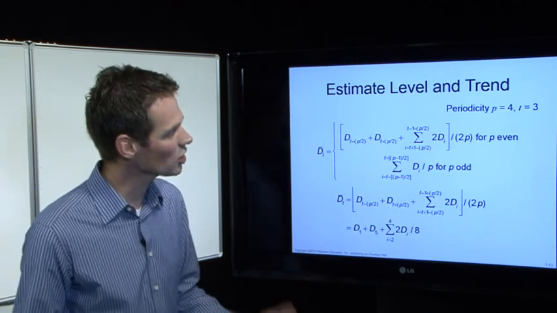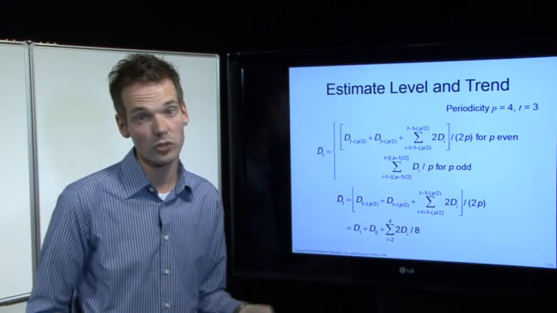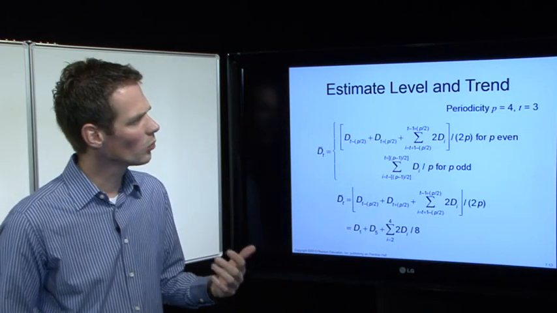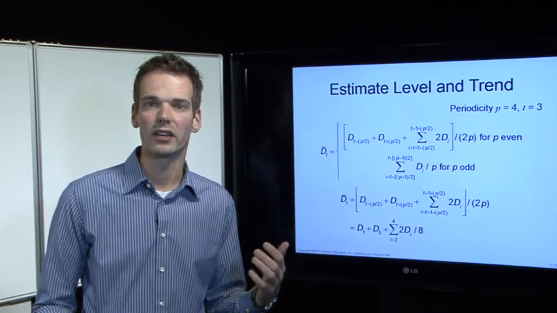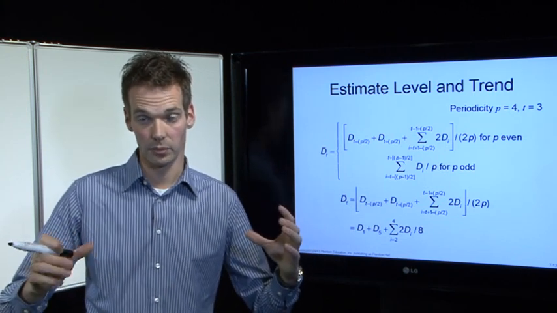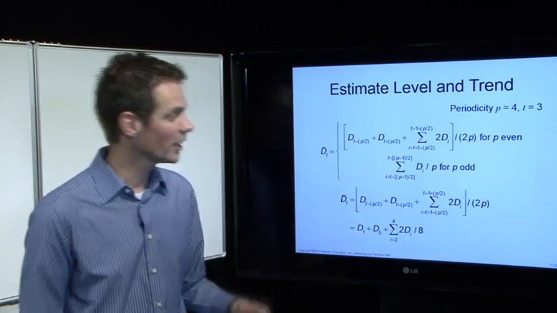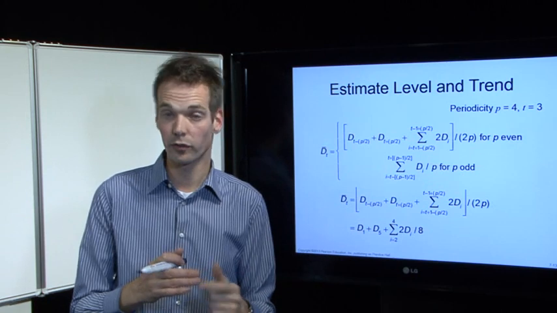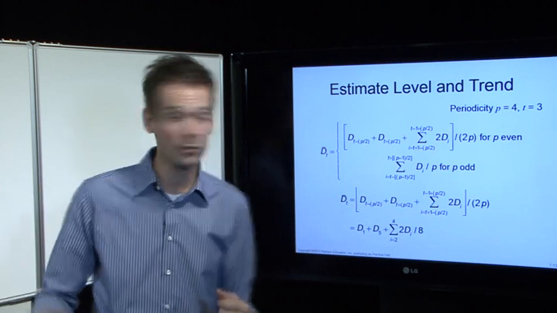Because we have to estimate the level, the trend and the seasonality, first we need to normalize the demand in the years. How do we do that? P is 4, because we have 4 quarters, and afterwards we get the same seasonality again.